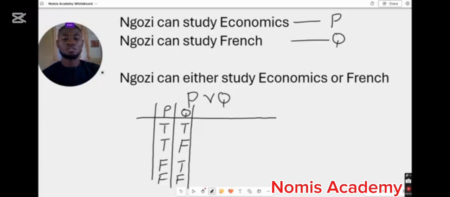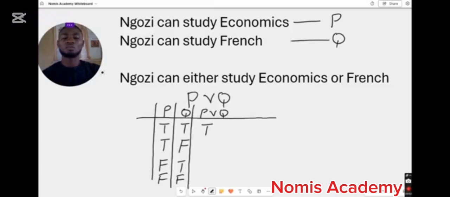So let's see our judgment when we connect P and Q together using the or connective. If P is true and Q is true, the compound statement will definitely be true. If Ngozi can study economics and Ngozi can study French, then Ngozi can either study economics or French is true.